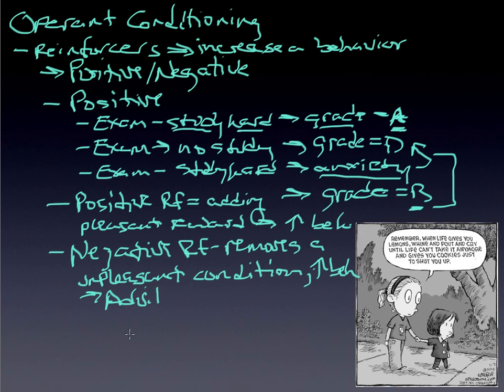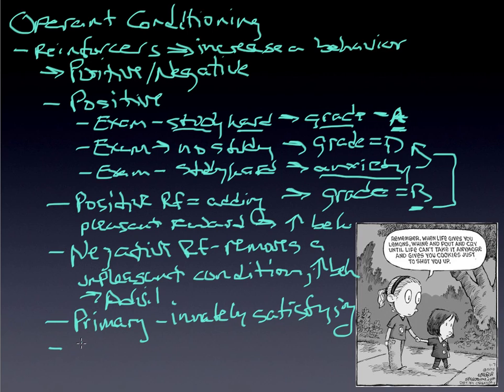Now we have other kinds of reinforcers, two other kinds that I want to mention to you. First is primary. I already mentioned this to you. A primary reinforcer is something essentially that we find innately satisfying. So food, innately satisfying. We also have things that are connected to primary reinforcers. We call them conditioned or secondary.